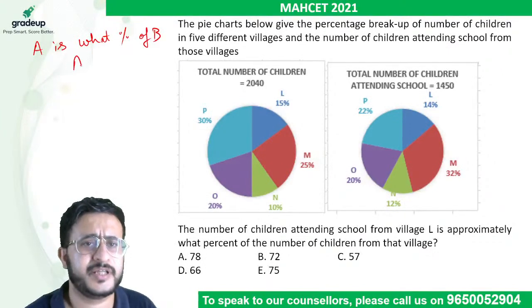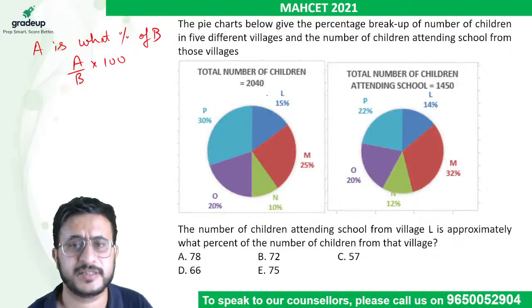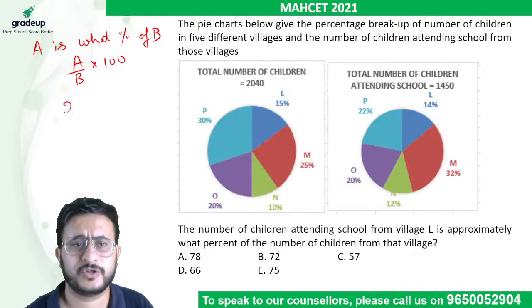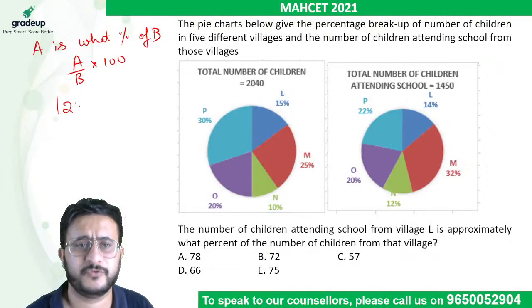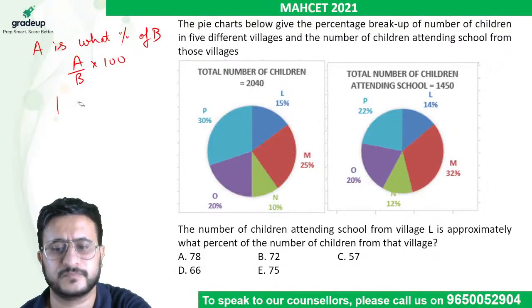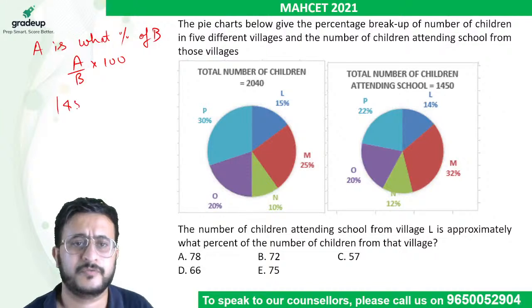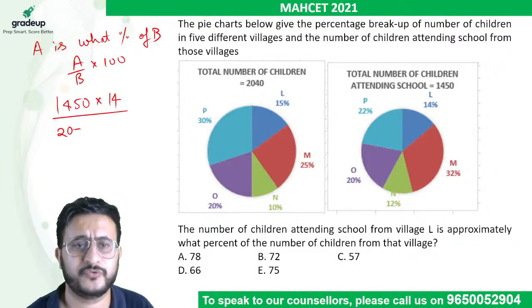What do you say? You say A upon B into 100. So instead of calculating this, just use this. So 204, the number of children attending school, is 1450 ka 14%, and the total number of children is 204 ka 15%.